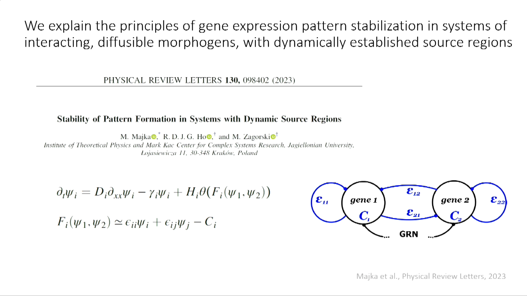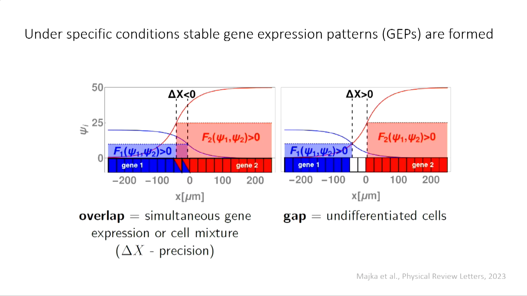And we just ask a question: under what conditions on these parameters will the system result in a stable pattern? You get two genes, two reaction-diffusion equations that are coupled with interacting genes, and we would like to know whether this set of equations will result in a stable pattern.